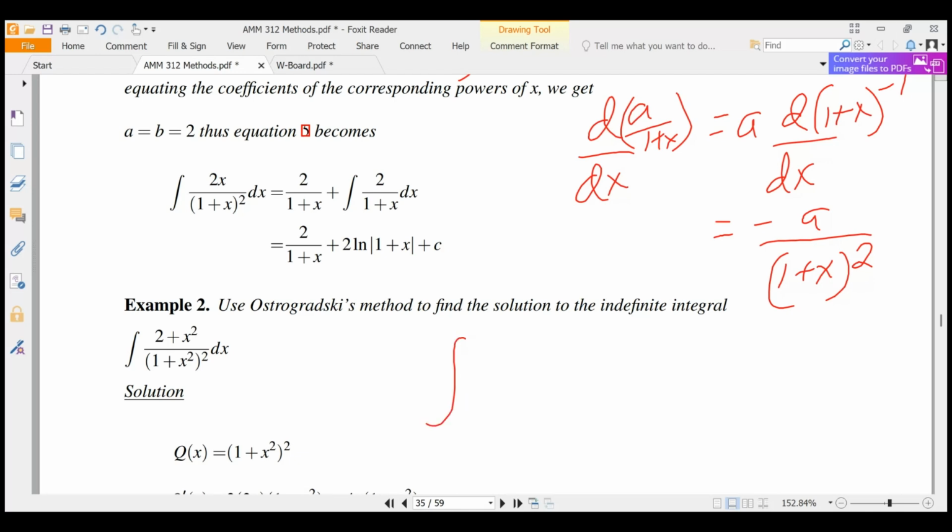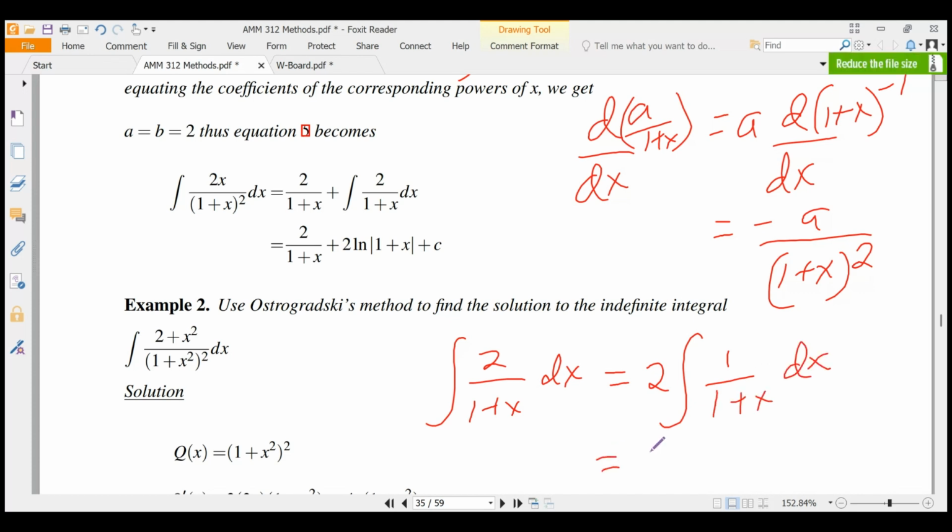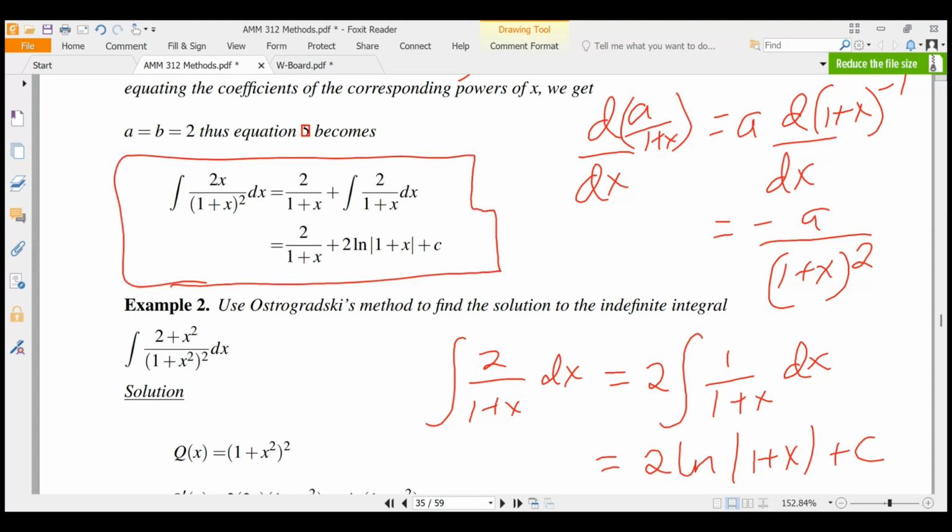The integral of 2 divided by 1 plus x with respect to x can be written as 2 times the integral of 1 over 1 plus x dx, which gives us 2 times the logarithm of 1 plus x, plus the constant of integration. So our solution becomes this. This is our solution to that integral.